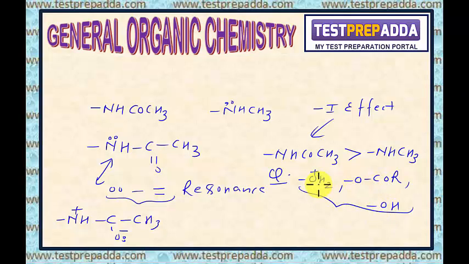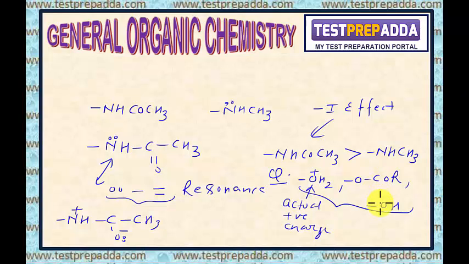All these three groups show minus I effect. But look at the three. This first has got the actual positive charge. Actual positive charge. So its minus I effect will be the greatest.